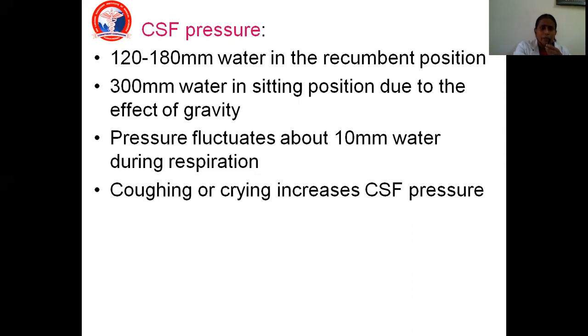The pressure fluctuates about 10 millimeter of water during the respiration. So during coughing and crying, the pressure of the CSF increases.